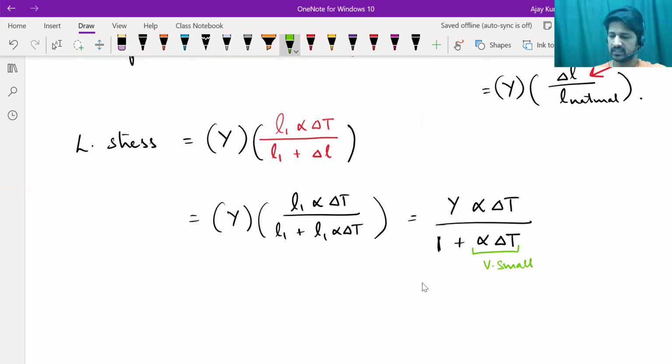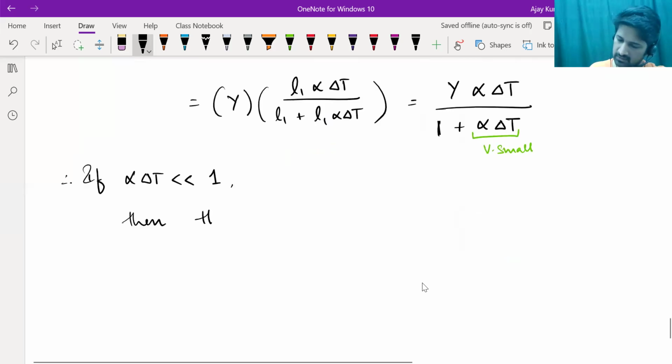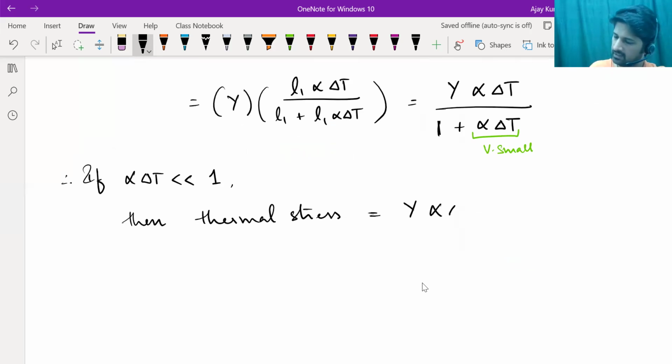If you ignore that compared to 1, you will be left with Y alpha delta T. So if alpha delta T is very small compared to 1, the thermal stress is Y alpha delta T itself.